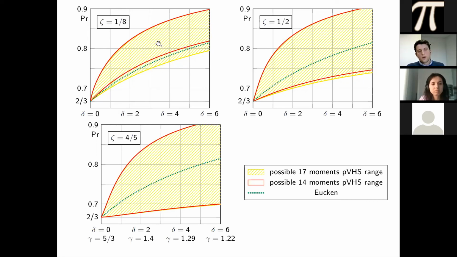In this case, you cannot find very precise values for the Eucken relation. So we need more moments, and this is a small justification for why larger moment systems are better. In principle, with more moments you have more information about your system, and you can model your curves more precisely.